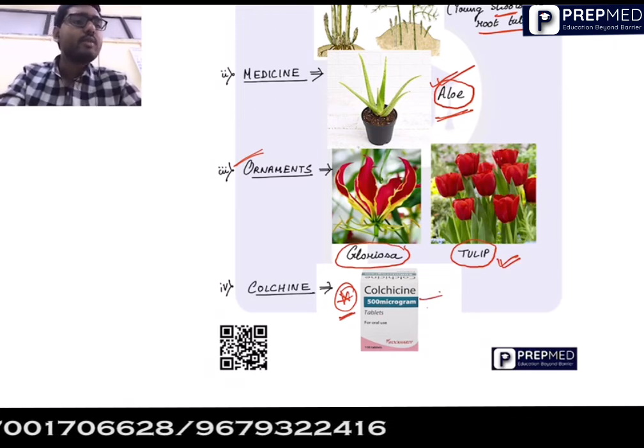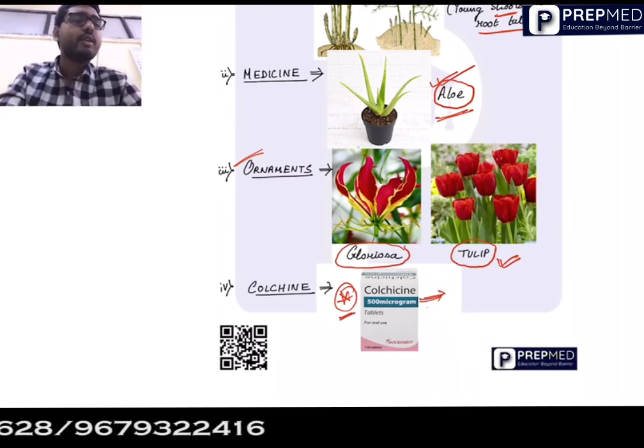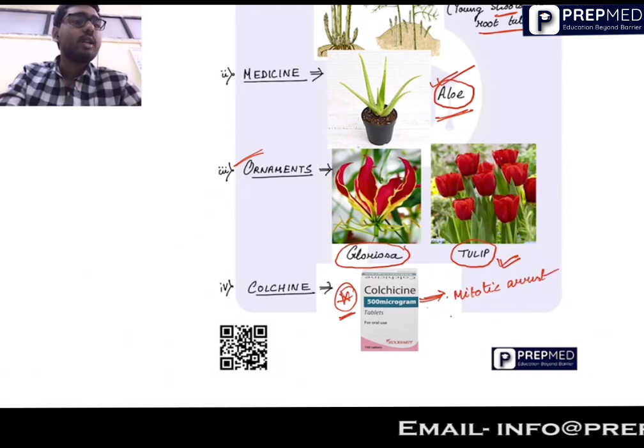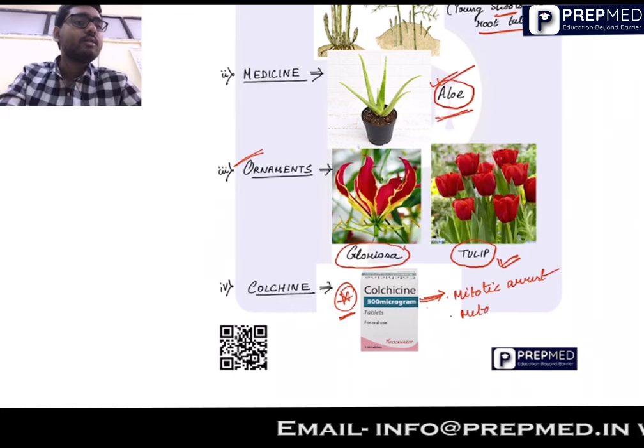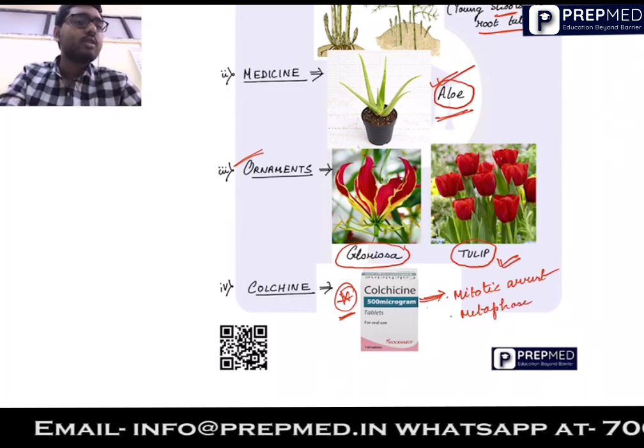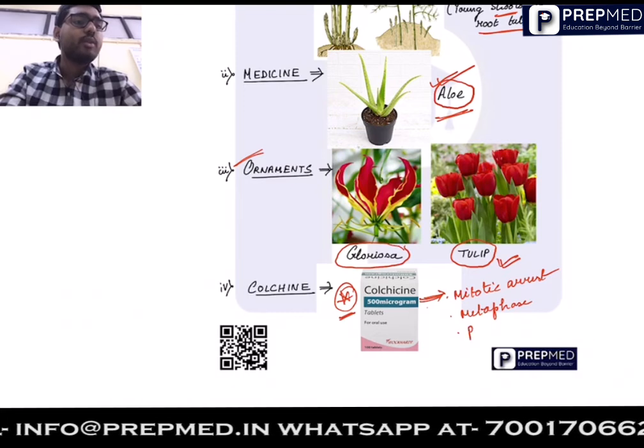Colchicine basically takes part in mitotic arrest during the metaphase stage. So what is formed is a polyploid.